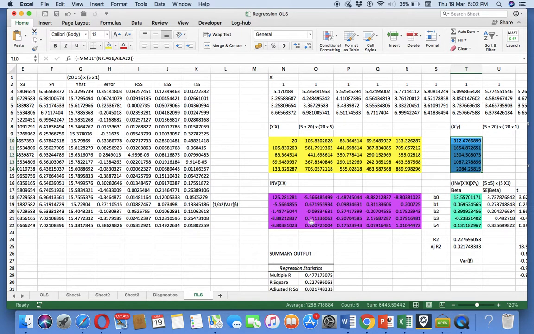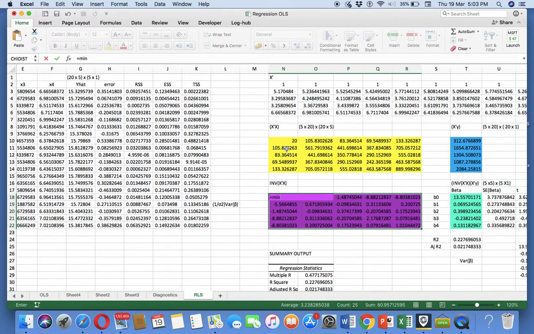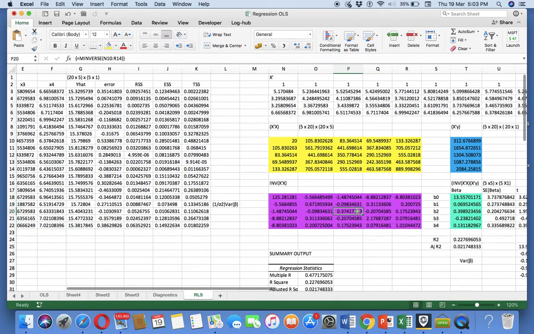So now to get the B matrix, we have to get the inverse of the X transpose X matrix. I use the MINVERSE function on this matrix and press Control Shift Enter. So I've got the inverse of this matrix.